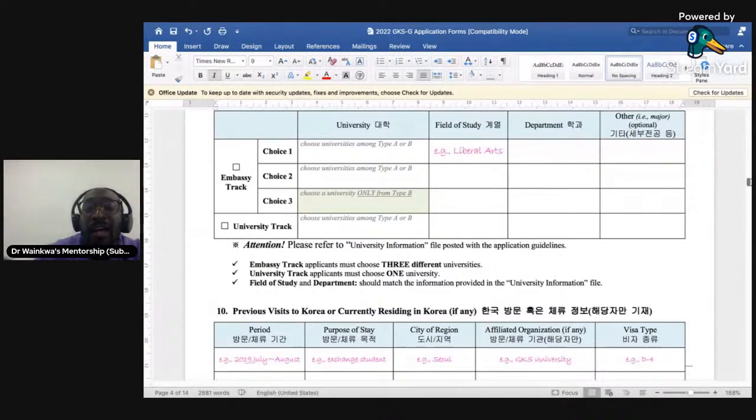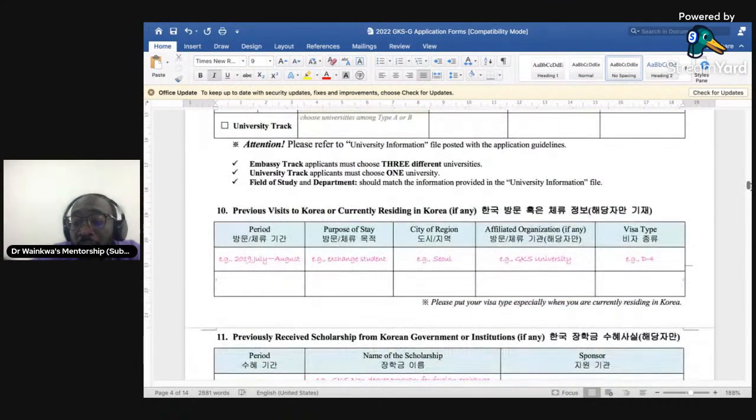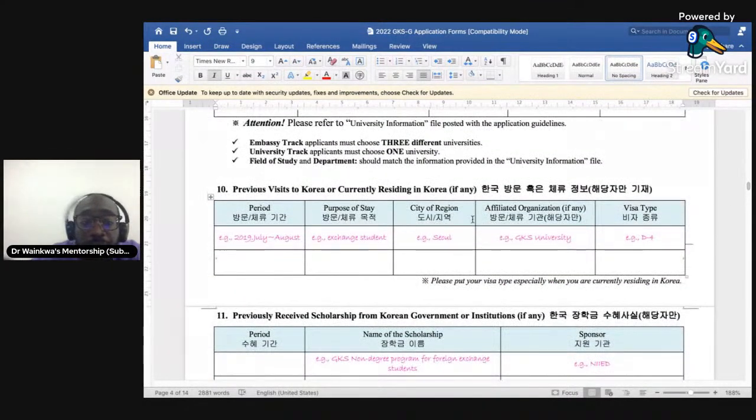Mind you, these universities, they're going to provide a list each year when the Global Korean Scholarship is launched. They usually provide you a list of universities for you to select which of them you think is most appropriate for you. And then if you visited Korea before, you need to mention it. Again, do not lie because they have all your records.